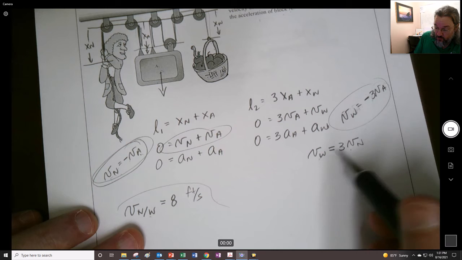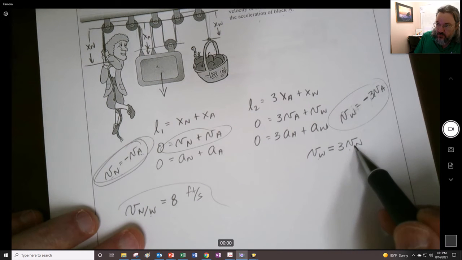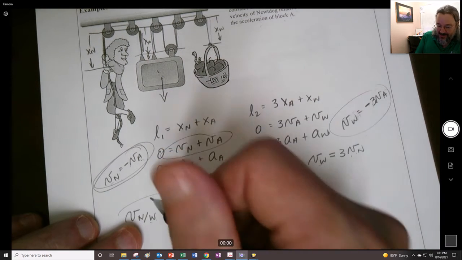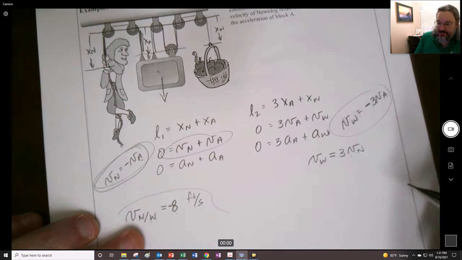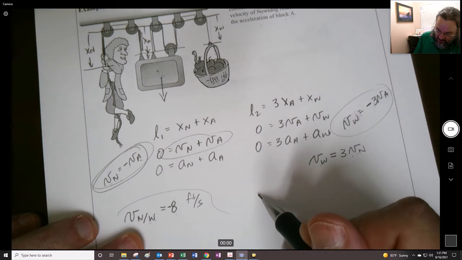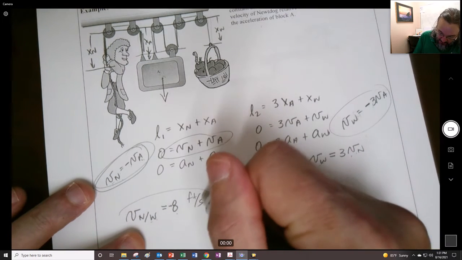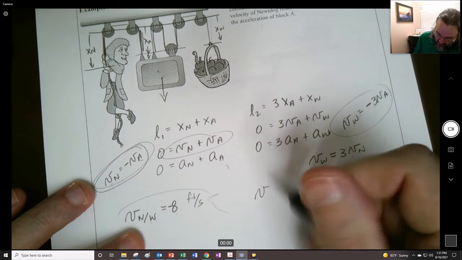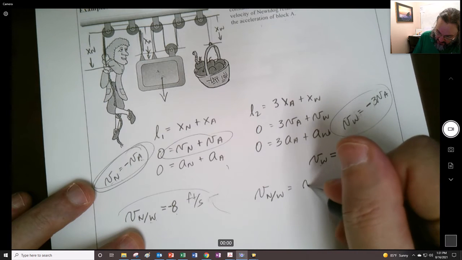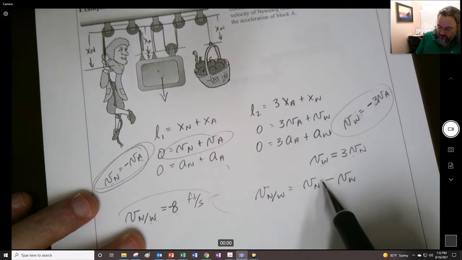So Wormy is going 3 times faster than Newt Dog. So the relative velocity of Newt Dog with respect to Wormy has to be -8 because he is traveling less. Let me put it another way: the velocity of Newt Dog with respect to Wormy is equal to the velocity of Newt Dog minus the velocity of Wormy, right?